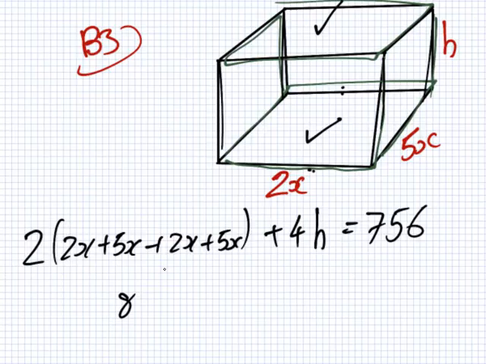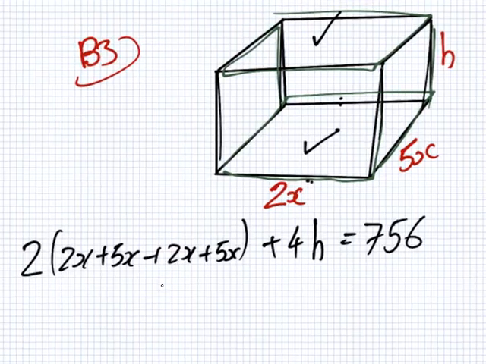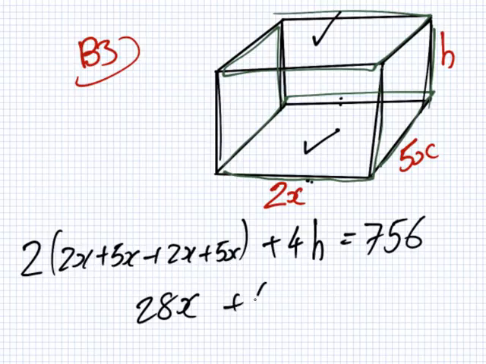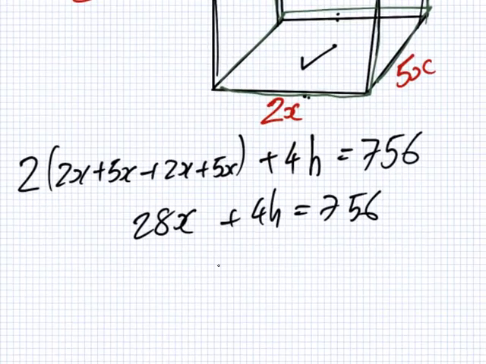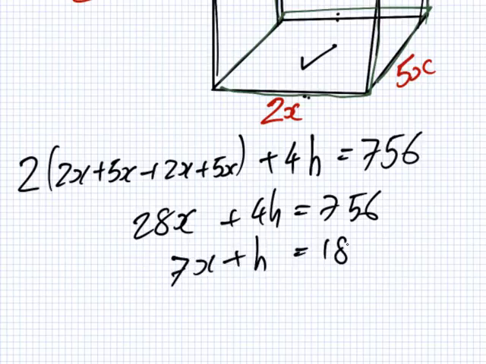So 28x plus 4h equals 756. 7x plus h equals 189. H equals 189 minus 7x.